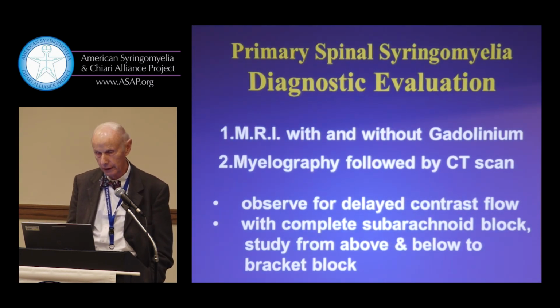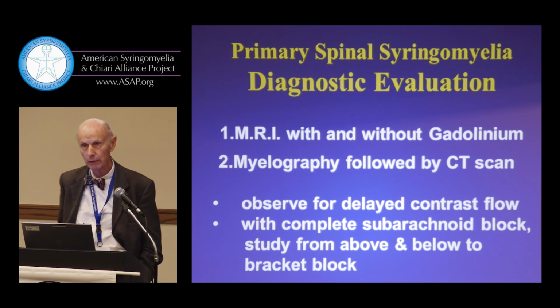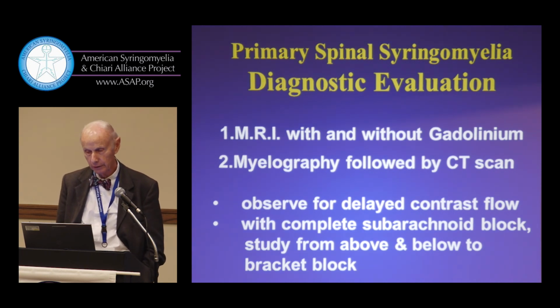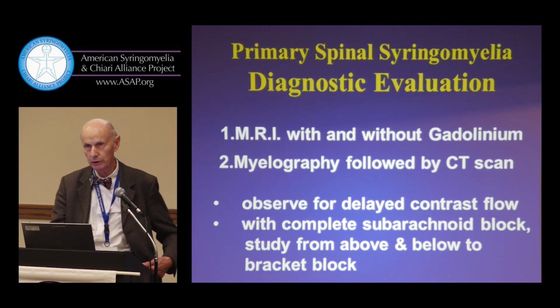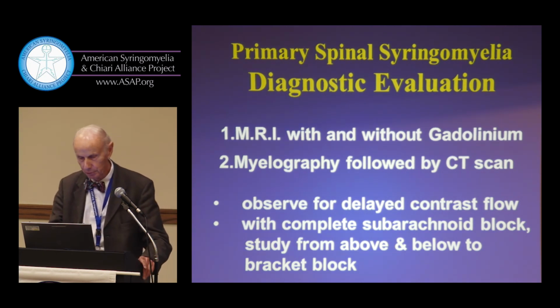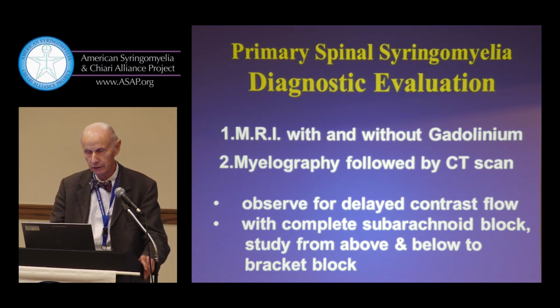What do we use for diagnosis? Well, MRI with or without gadolinium is by far the most commonly used and very appropriate way of diagnosing primary spinal syringomyelia.